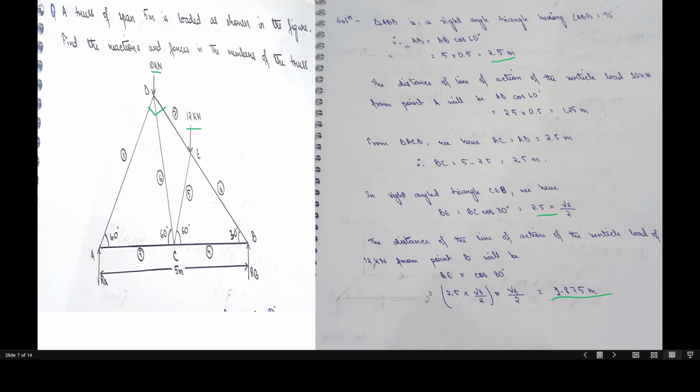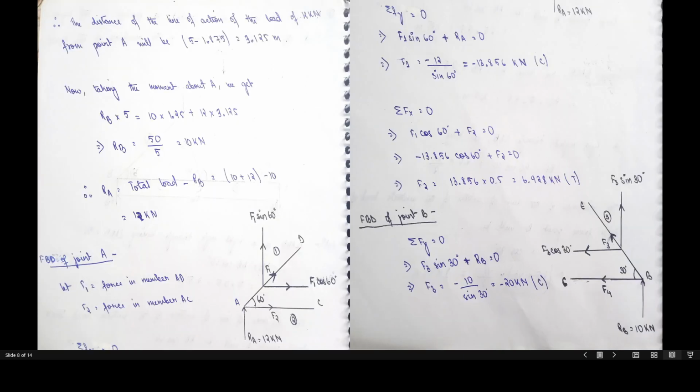Now we can find the reaction. Before calculating the moment, we'll have to find the distance of the line of action of the load 12 kilonewton from point A, that will be equal to 3.125 meter. And then we'll calculate the moment about point A. Let us remember that at the point at which the moment is taken, the reaction is always 0.